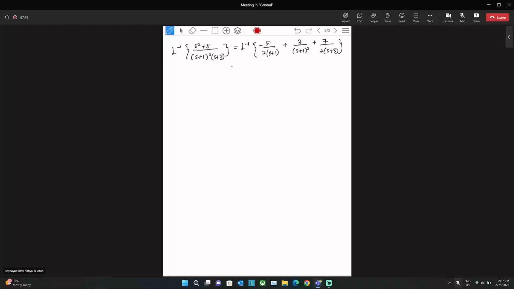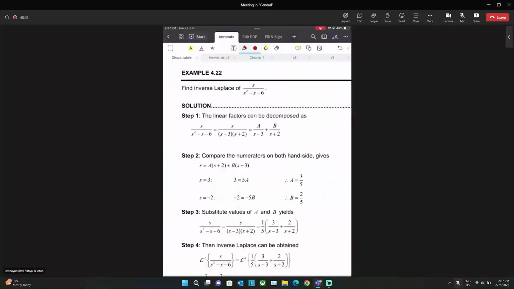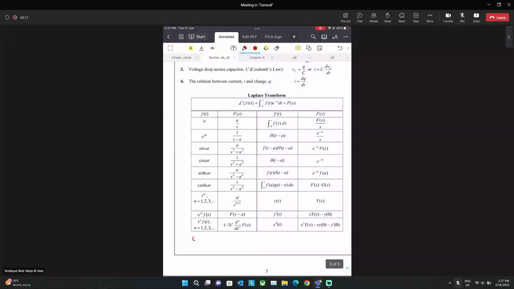So equal to, the first one. The first one we use just now, we have 5 over 2 s plus 1. So the first step you need to find 5 over 2s.